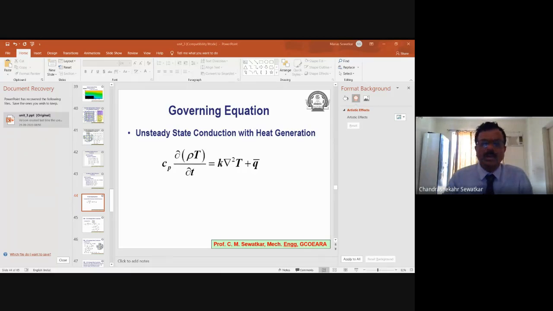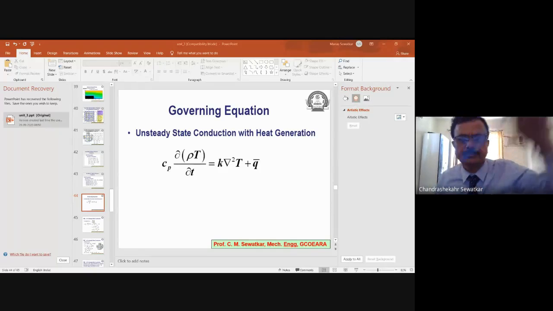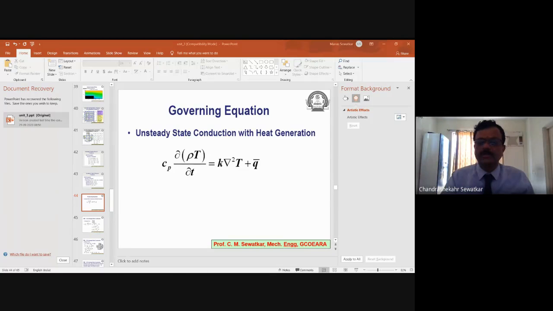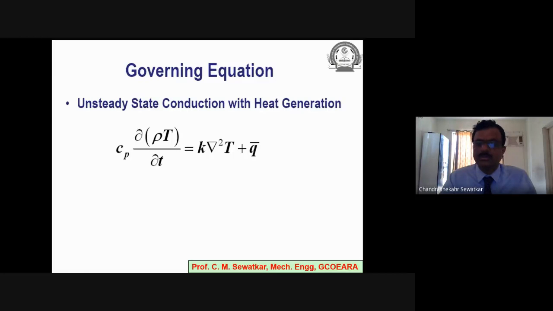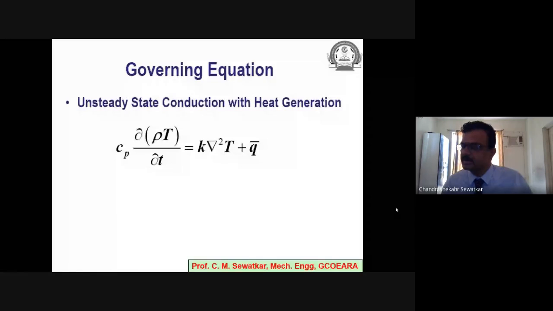And in the last lecture, we also looked at the finite volume methodology for steady state heat conduction problem. Today, in this particular session, we will look at how to apply the finite volume methodology to unsteady state conduction problem with heat generation.